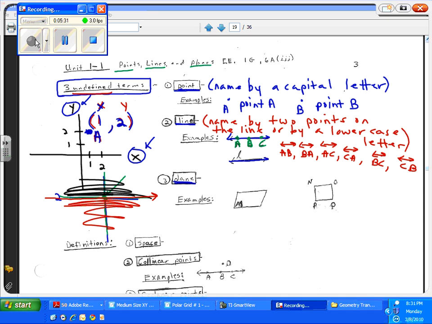We also sometimes name a line using a lowercase letter if we're going to name the line not using points on that line. Line L, line M, line whatever, using a lowercase letter. A plane separates two three-dimensional figures. I guess that wasn't a very good illustration.